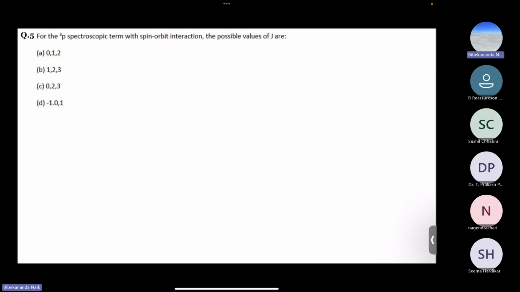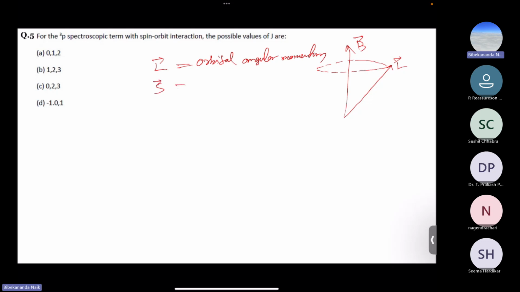So we know that when there is an external magnetic field, previously we knew the L vector is precessing around the magnetic field. But now we found that L is orbital angular momentum, and in addition to that, there is another spin motion, which is spin angular momentum.